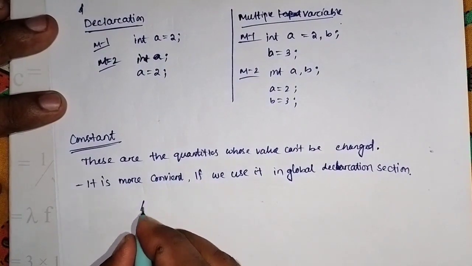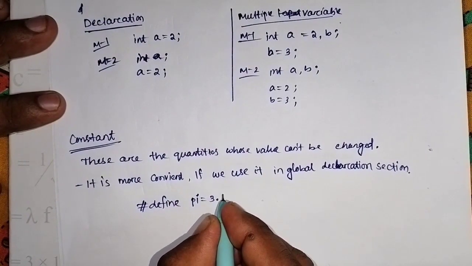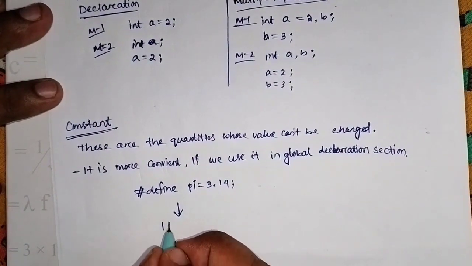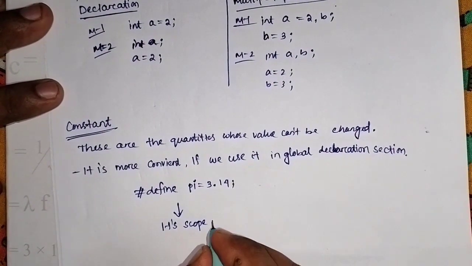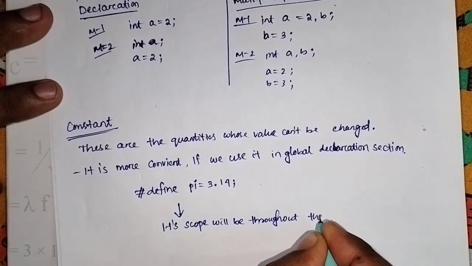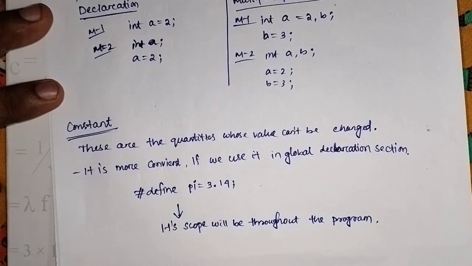Its syntax is #define, constant name, assignment operator followed by its value and a semicolon, and its scope will be throughout the program.